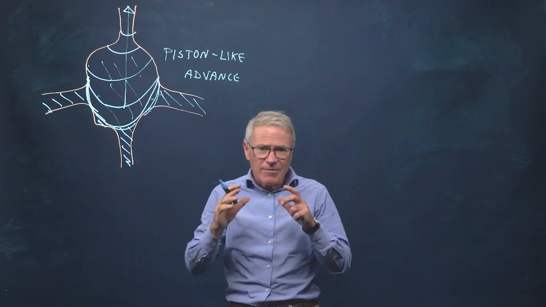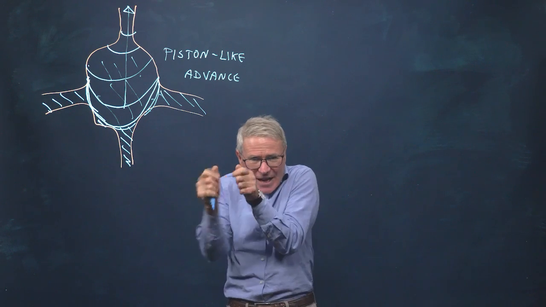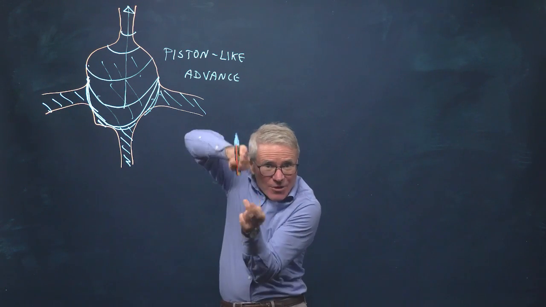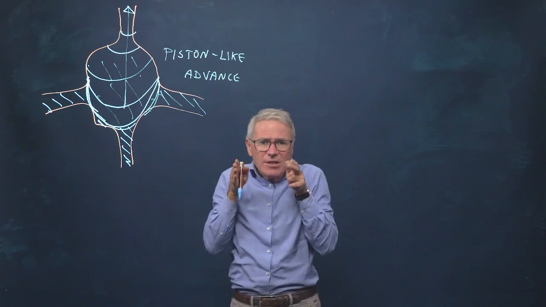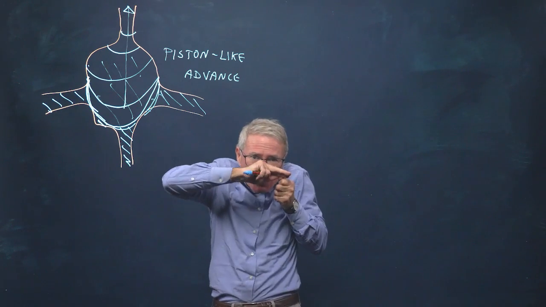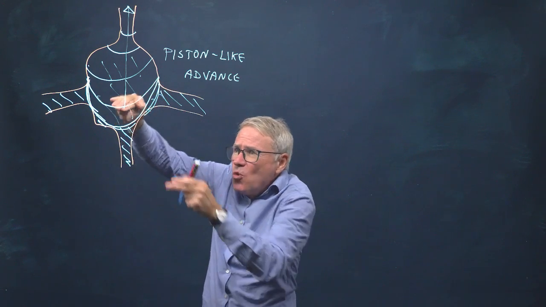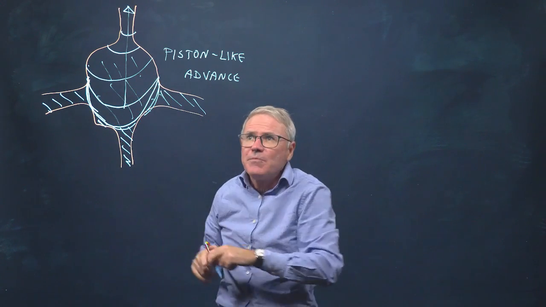So piston-like advance is not like swelling a layer. Swelling a layer is you move along a layer and then you move out that way and you've got one curvature. Piston-like advance is like a piston. You've got curvature in 2 directions. So here it's curved like this, but in the other direction it's also curved. This is 3-dimensional.